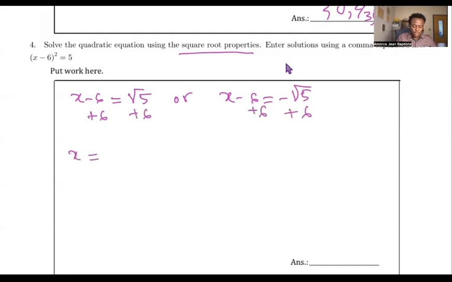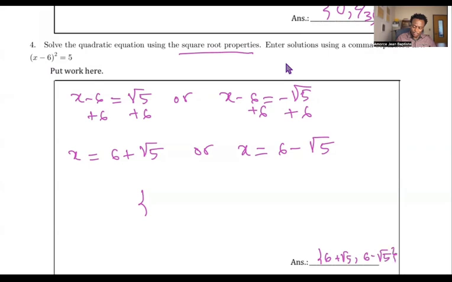Get x equals 6 plus square root of 5. That's not 11, that's not square root of 11. That's just 6 plus square root of 5, because they're not like terms. You cannot combine them. Or x equals 6 minus square root of 5, which makes the solution set 6 plus square root of 5, 6 minus square root of 5.